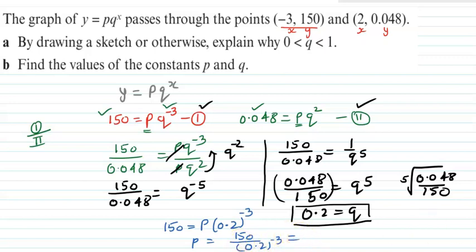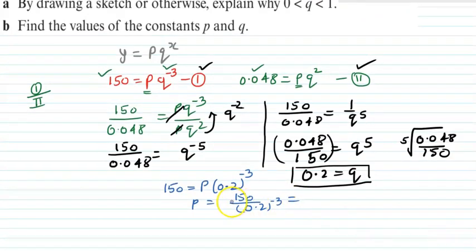How much is the p value coming? What is the value of p? Use calculator. Yeah, 1.2. So p is coming 1.2 and q is 0.2.